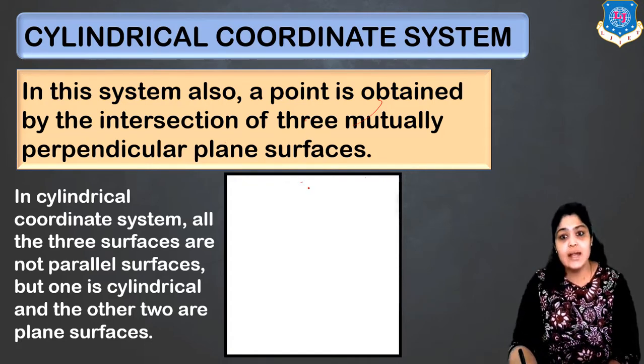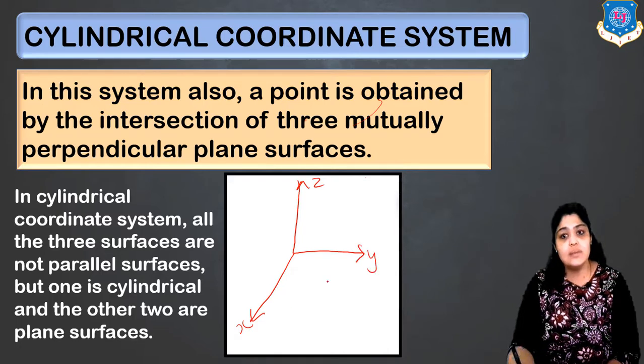Suppose I consider the three axes. Suppose I consider this as the x, this as the z, and this as the y. So this represents the xy plane. I just consider a point P over here, and I say that the distance of this point from the origin is, say, r.